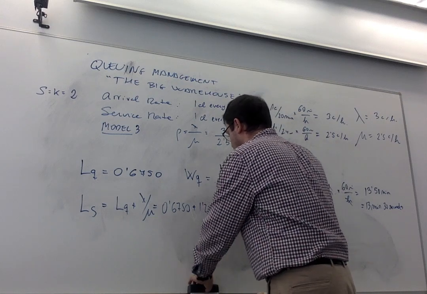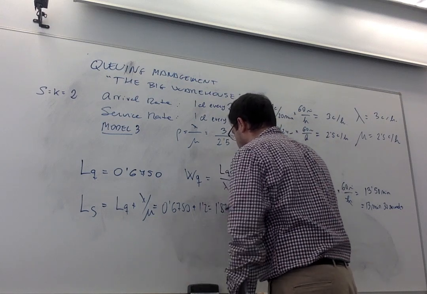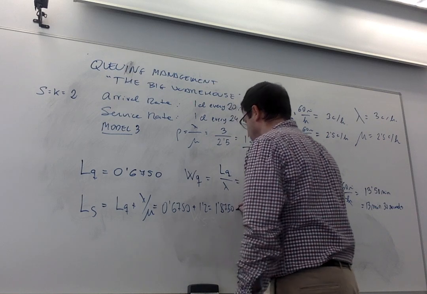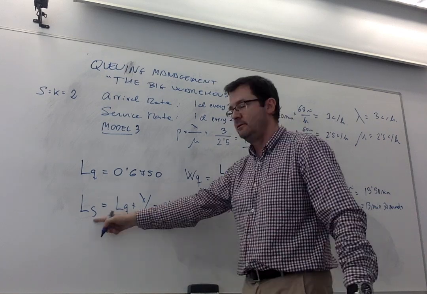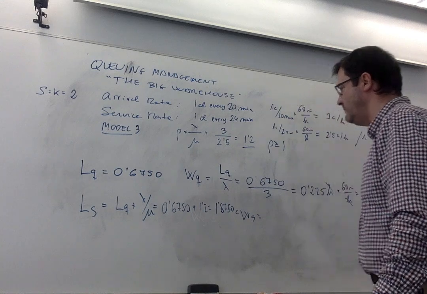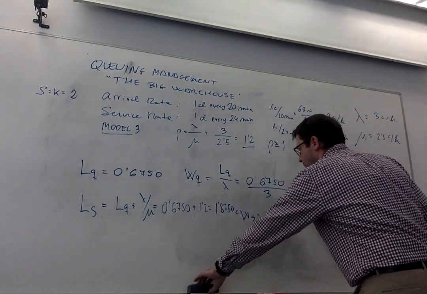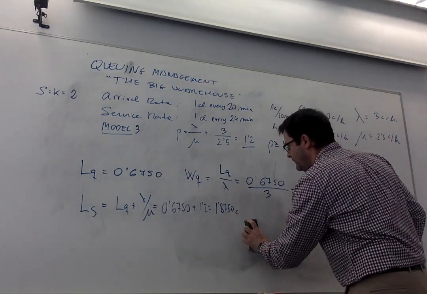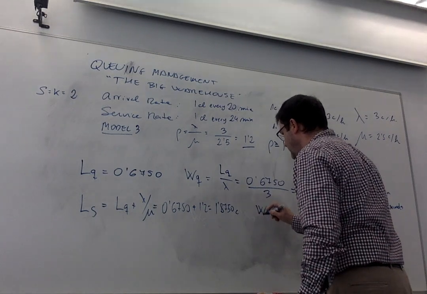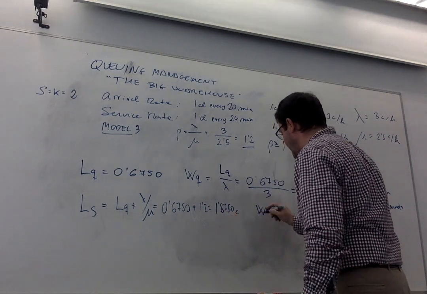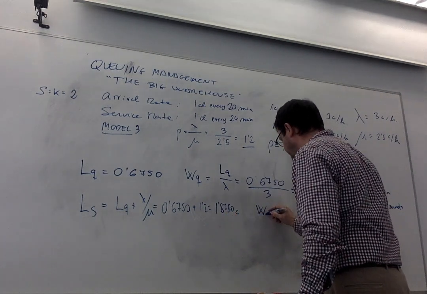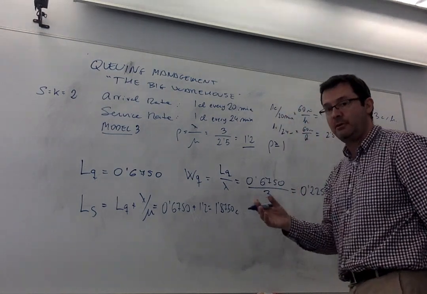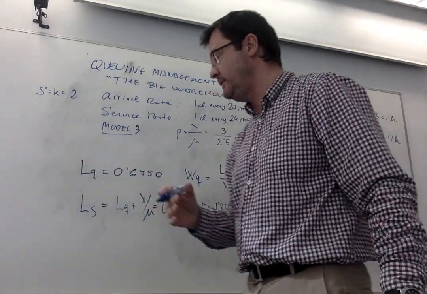All right? So this will be 1.8750 clients in the system. Okay, this is what it means. So we will have 1.8750 clients in the system as an average, so between 1 and 2, more often 2 than 1.